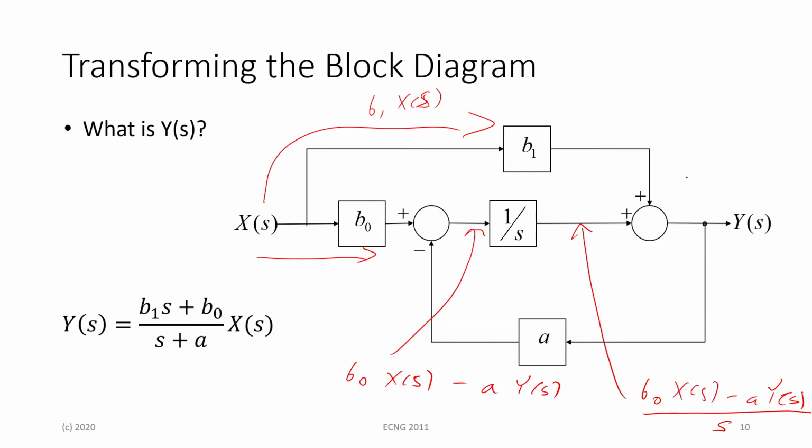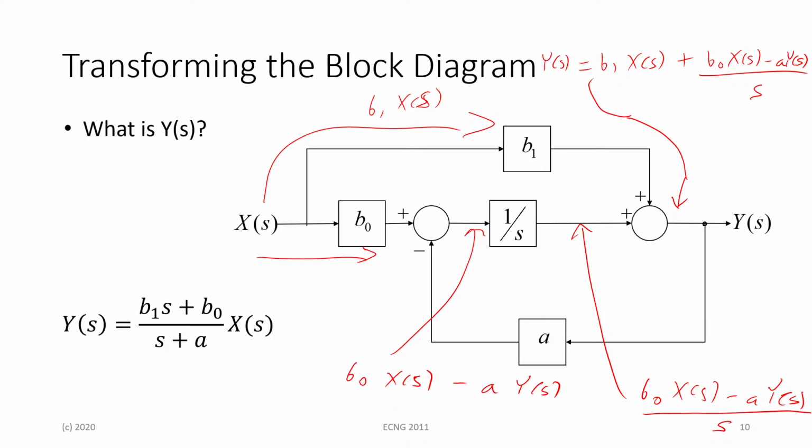And then if you obtain the outputs here, this now is going to be b1 x of s plus b0 x of s minus a y of s divided by s, and this will be equal to y of s.